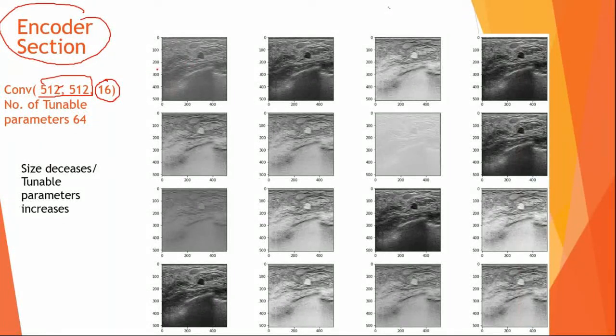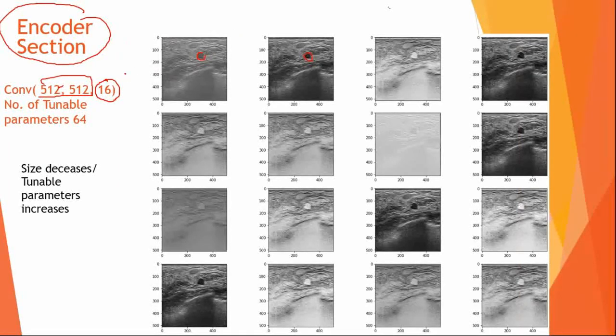So these were the 16 different feature maps that were generated. You can see the lesions coming out. This is the output of different combinations of filter kernels. Different random kernels interact with the image and give you a different feature vector or feature map.